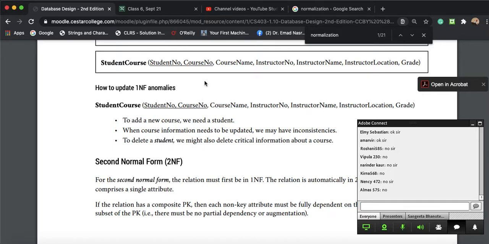Okay, so here we are talking about student course. Every time we need to add a new course, we have to put the student number, which is nonsense.